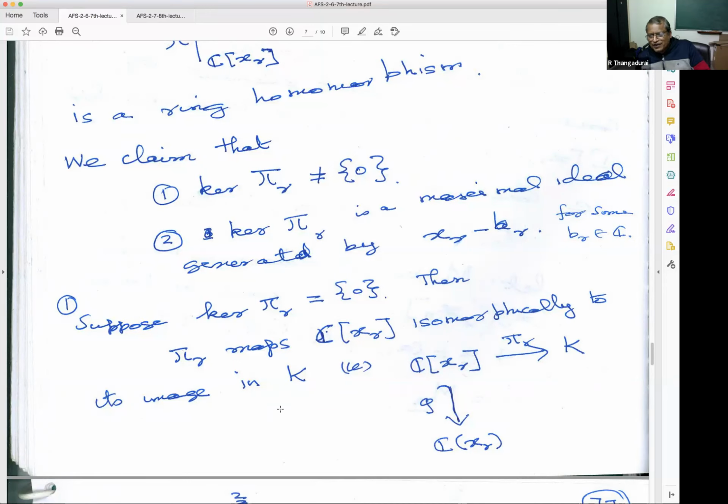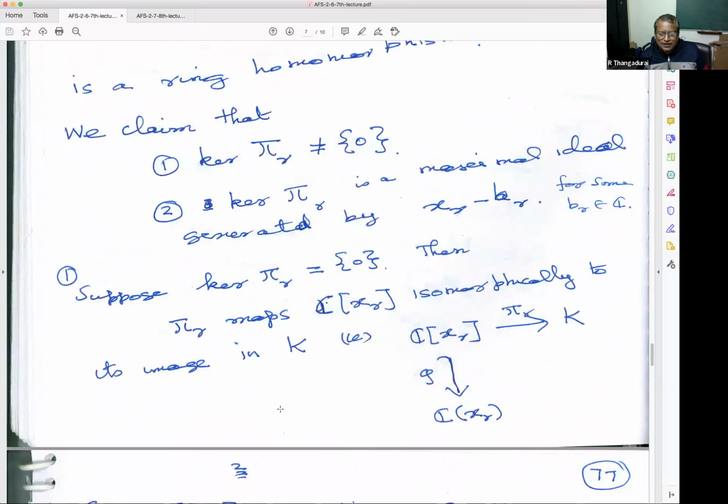When we proved the universal property, the field of fractions is the smallest field containing the integral domain. So by this there is a unique ring homomorphism from the rational functions in xr to K, by the universal property. But that map is injective, just because pi_r is injective.